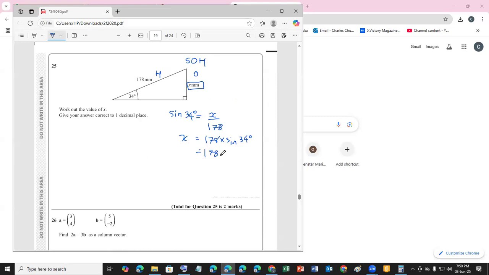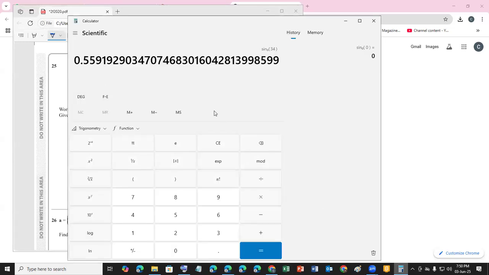Okay, so let's quickly do this. Can you confirm that your calculator would give you the same value? Can you check? Sine 34. Please check it on your calculator. You got the same value? Yes, yes. Excellent.